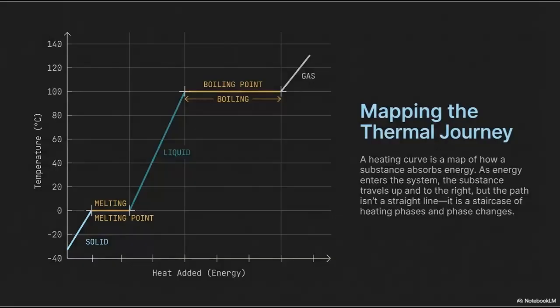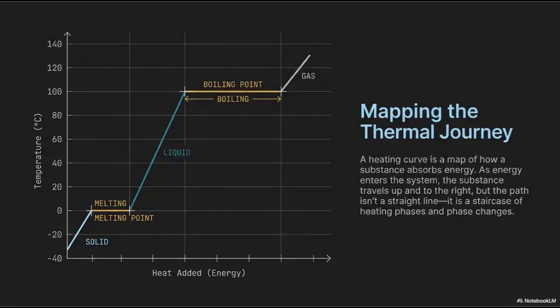Okay, for water, the melting point of water is 0 degrees Celsius, and the boiling point of water is 100 degrees Celsius. Those two values are known for water and for other substances.